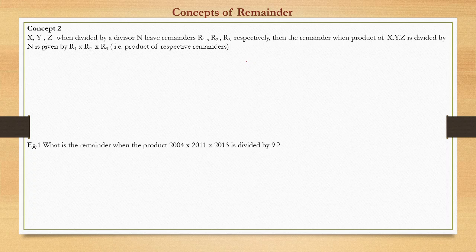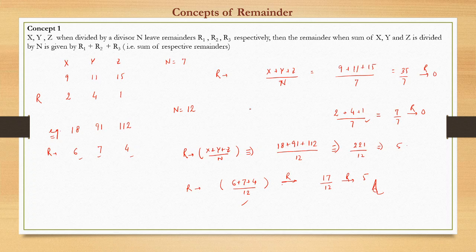So see, this we can also prove. The previous thing also we could have proven here. Suppose, in general form, what can we write? x can be written as n times q1 plus r1, y is n times q2 plus r2, and z is n times q3 plus r3.